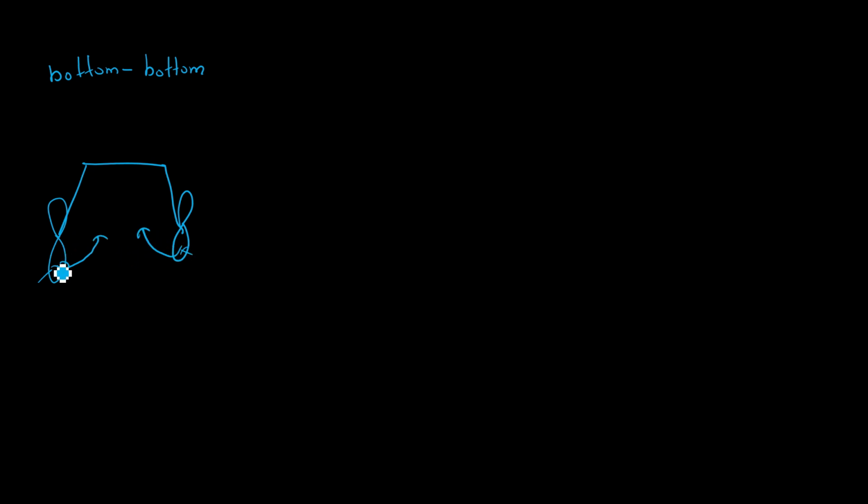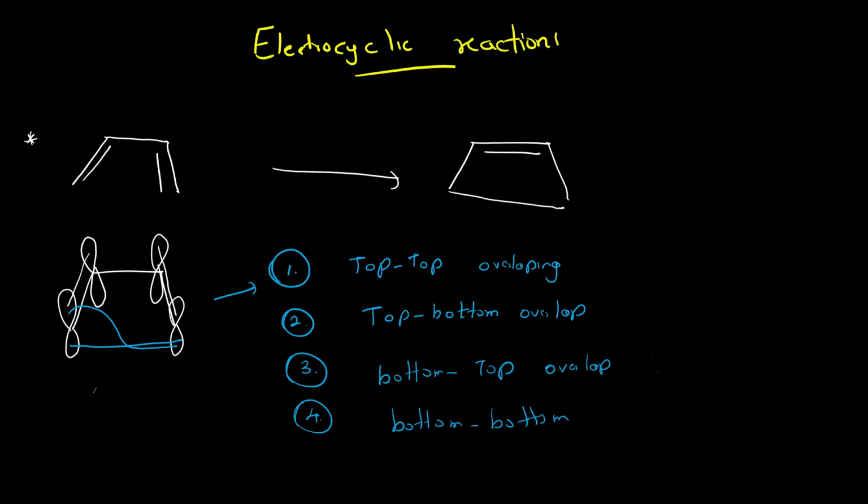Let's see the rotation. Here the rotation is the left hand direction. And the rotation here is the right hand direction. So the rotation is opposite to each other in both orbitals. So we can call this disrotatory. This is basically the concept of conrotatory and disrotatory.